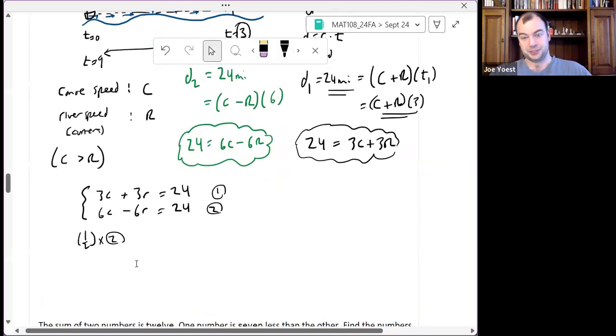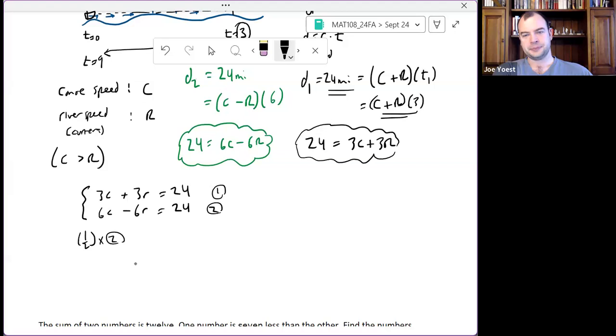Maybe I'll go that route just to keep the numbers smaller. Three c plus 3r equals 24. And then I multiply equation 2 by 1/2, I get 3c minus 3r. I think I've switched from using big C and big R to small c and small r, but not a big deal. And then I have to divide my 24 by 2 as well to get 12.